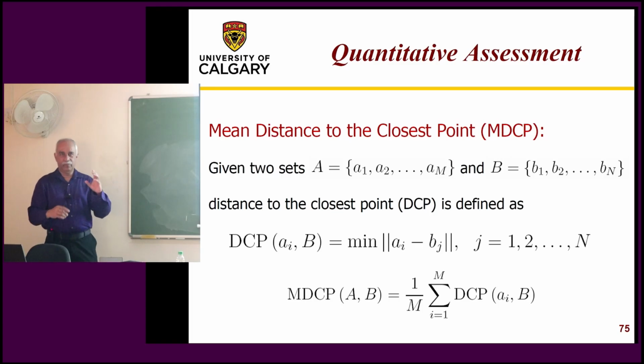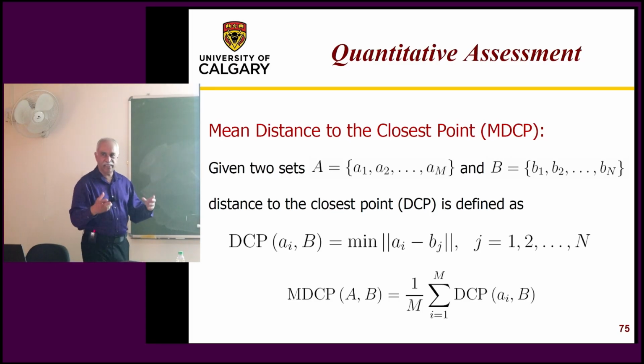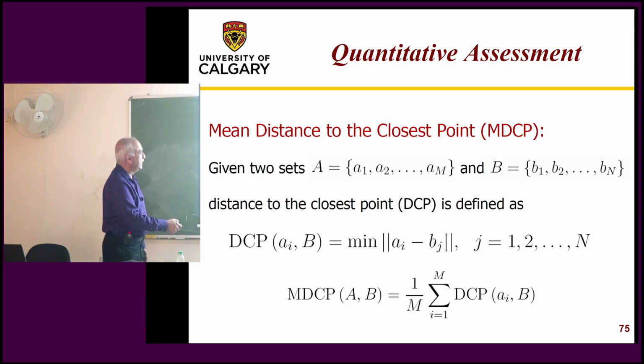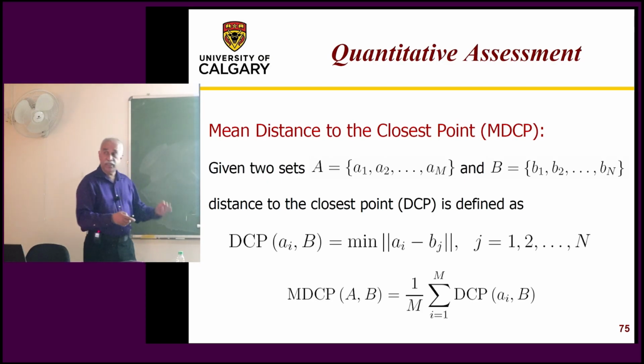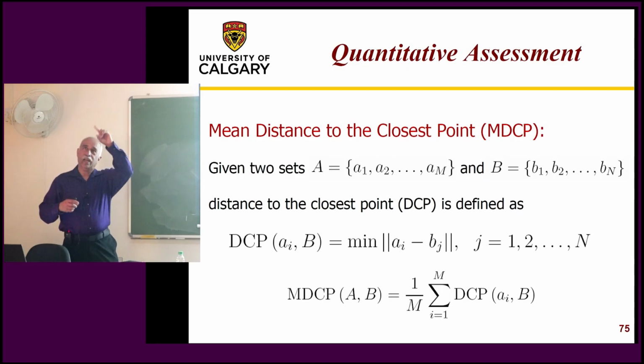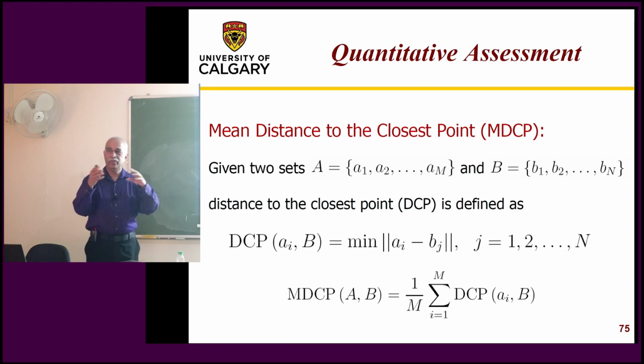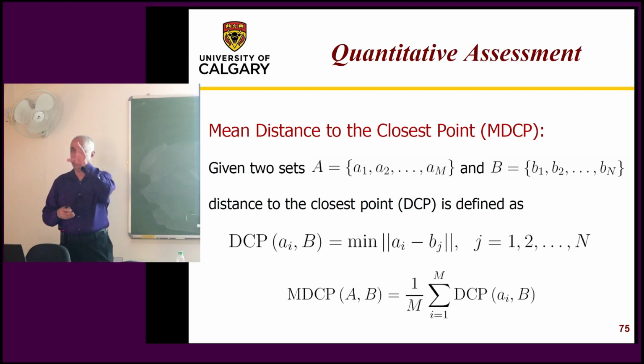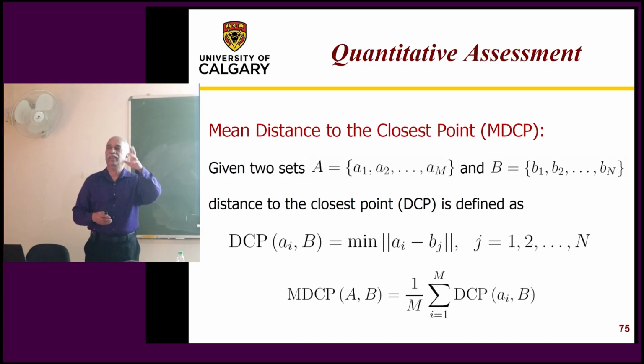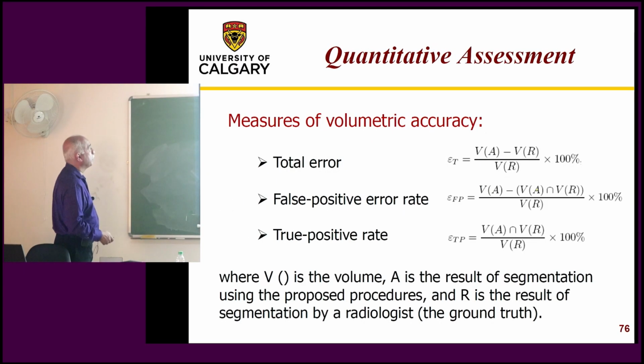So the two contours may have different number of points, different sizes, different shape. So find the closest point distance and then average them. It is fair in the sense, if you have a few points that are bad in segmentation, their effects will be averaged out. You may be having a good fit for 90% of the contour and 10% may be bad, and they will all be averaged.